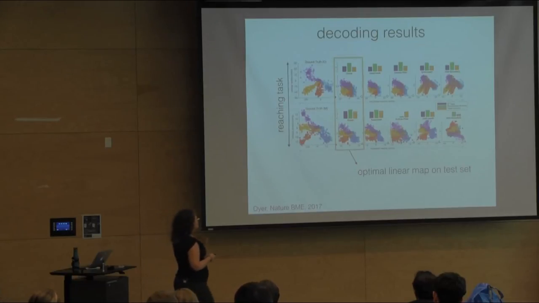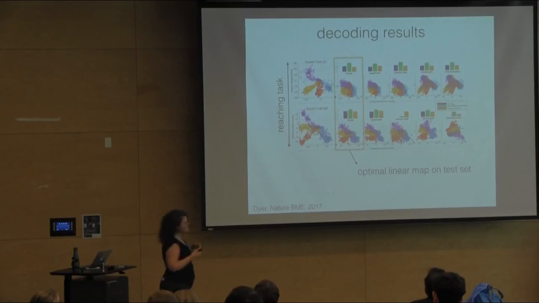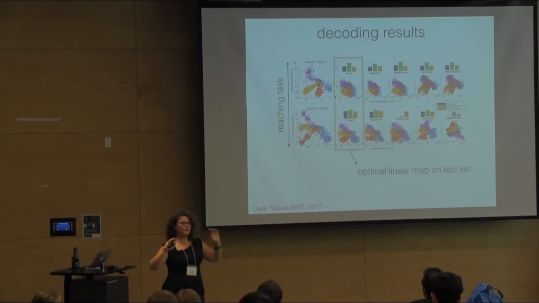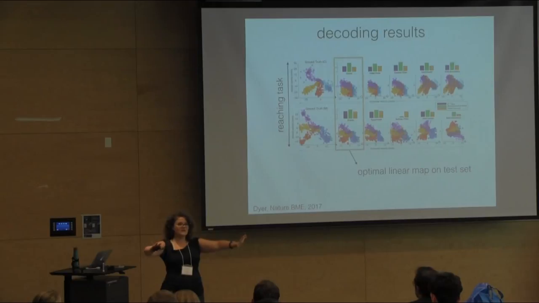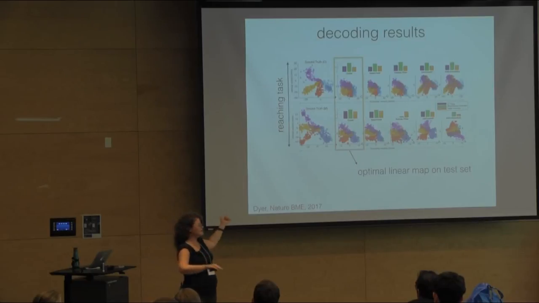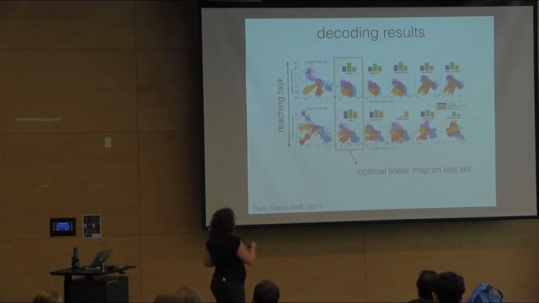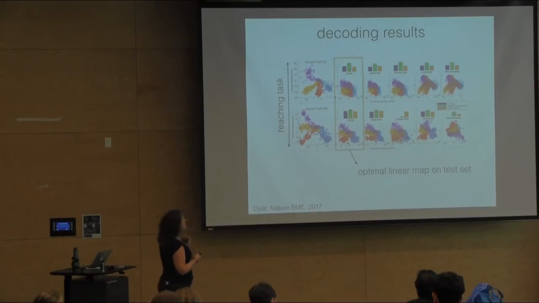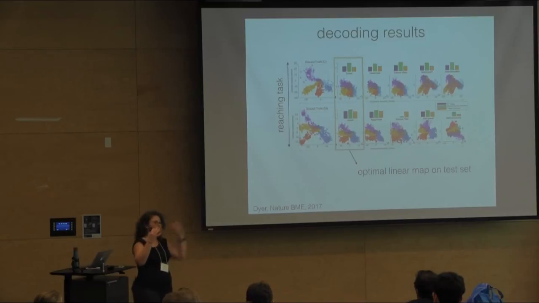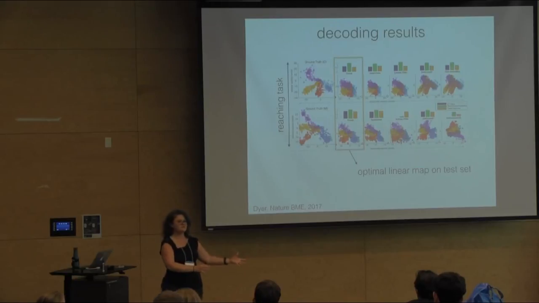What this oracle decoder is using is that it knows exactly the correspondence between where the monkey's hand was in space, its kinematics, and the neural activity at the same time. If you can measure both of those things at the same time, you can just solve for a linear matrix which transforms them in a pretty easy way, which is in contrast to what we're doing, right? Because we don't know the correspondence between the movement and the neural activity. All we know is that the shape of the movement should have a particular distribution.